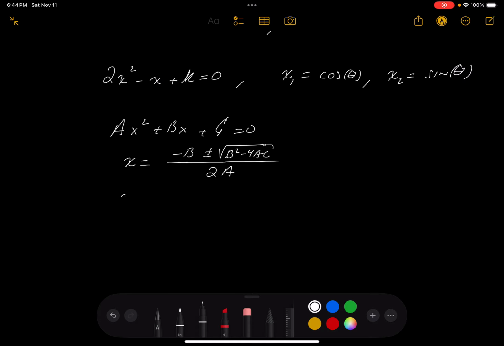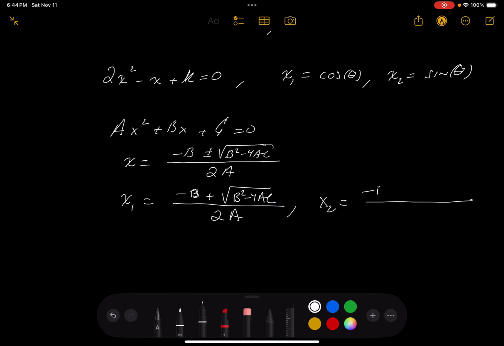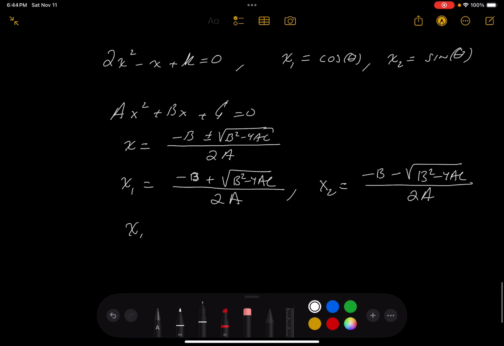Let's write them down. x1 is going to be minus b plus the square root of b squared minus 4ac, over 2a. And the second root is going to be minus b minus the square root of b squared minus 4ac, over 2a.